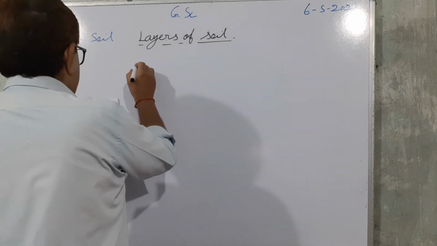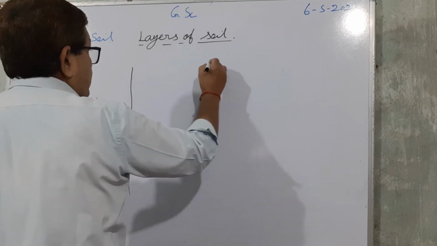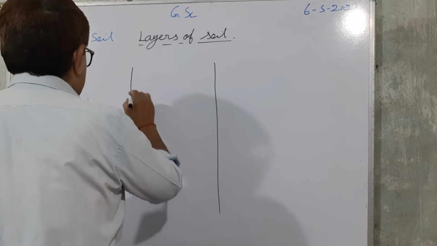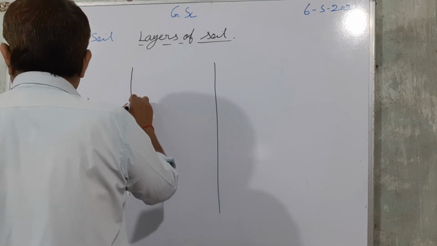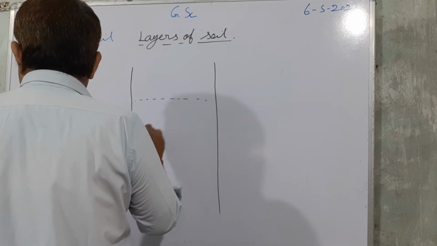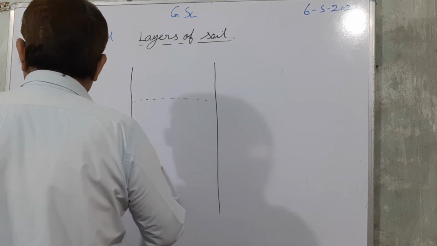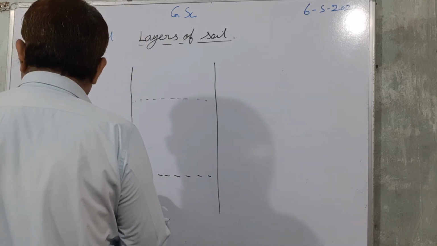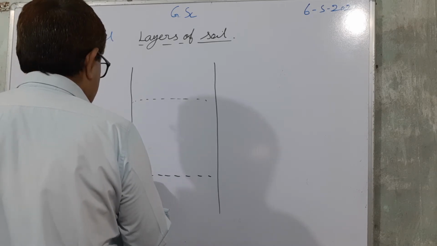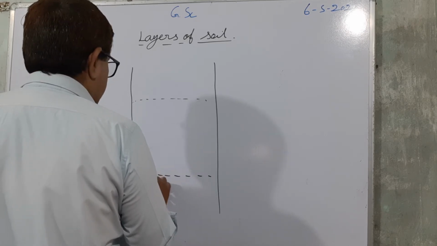The different layers of soil are given. The top layer, this is subsoil, and this is the layer of the soil which is formed of stones and rocks.